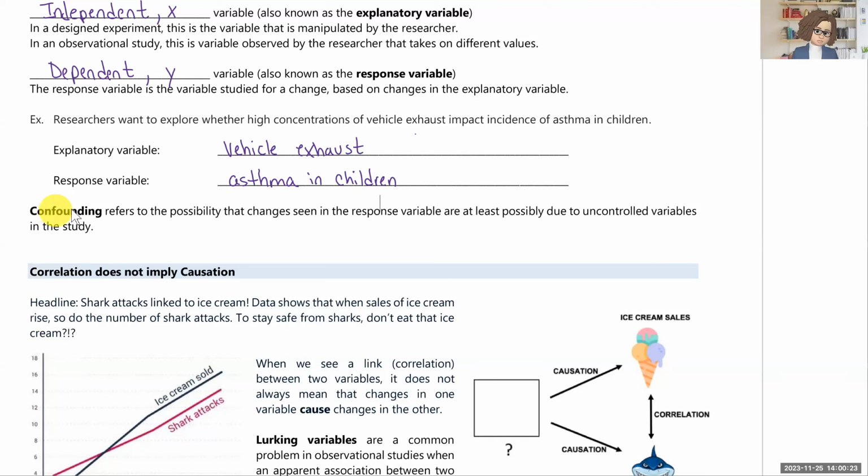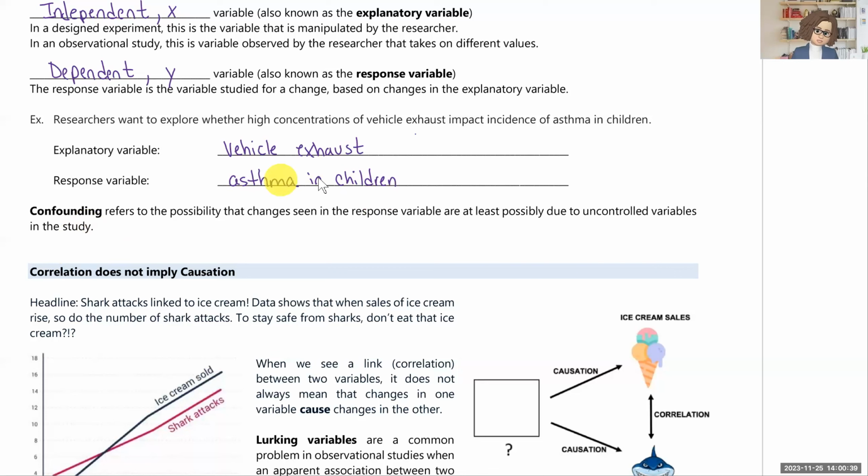So then it says confounding occurs. It refers to the possibility that changes seen in the response variable, so asthma development in children, are at least possibly due to uncontrolled variables in the study.